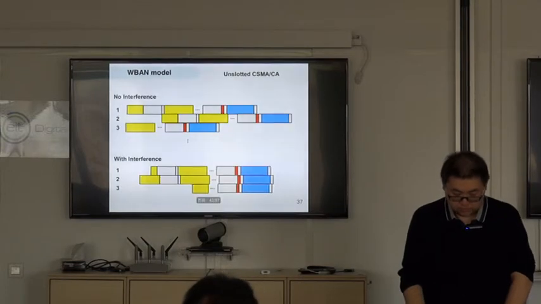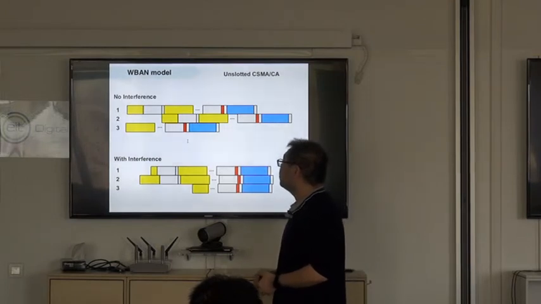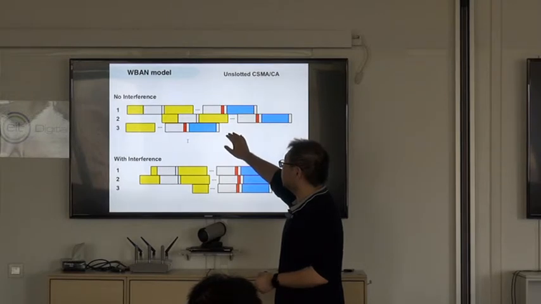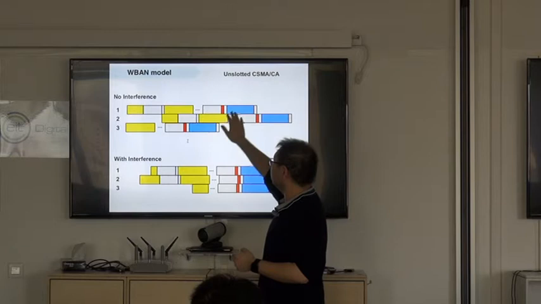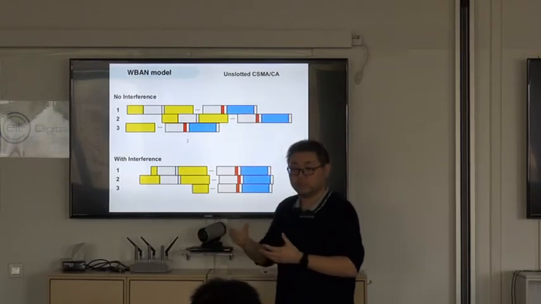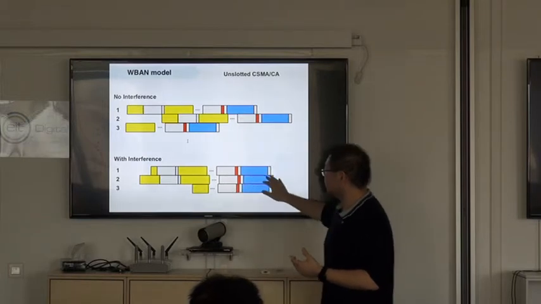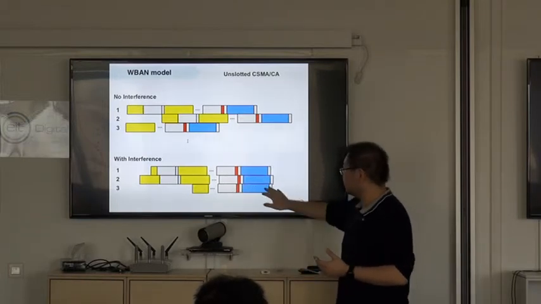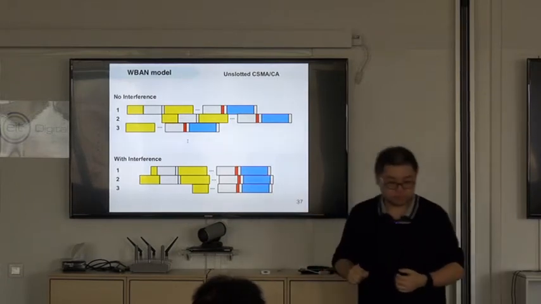Okay. So here is the case where we have interference or not. In the first case, we don't have interference because there's no overlapping between these blue parts. This blue part is the real transmission time. And in the second case, we have interference because we have overlapping of the transmission.